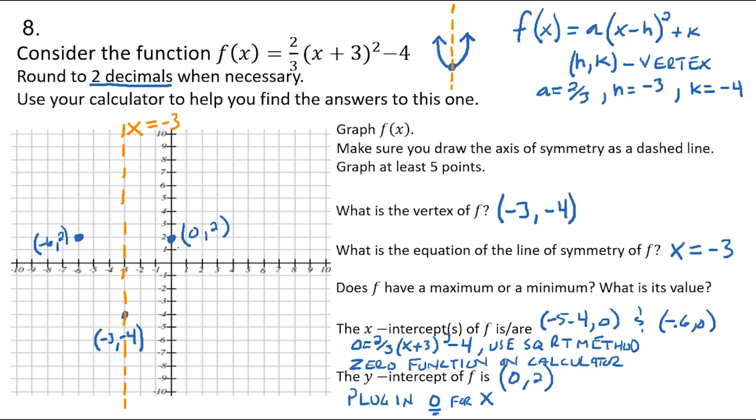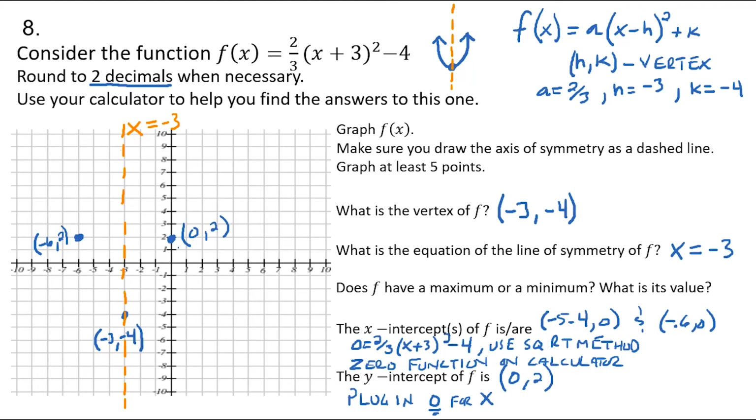I get these values from either setting this function equal to 0 and using the square root method, or the zero function on the calculator. Now I will go to the graph and graph these 2 points.